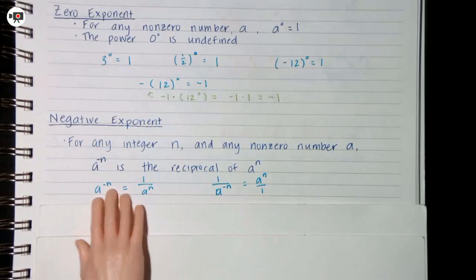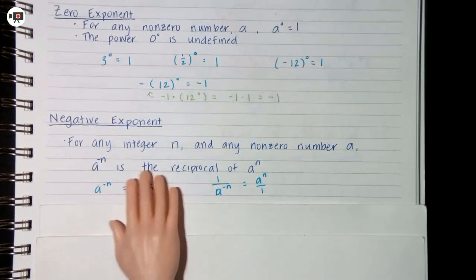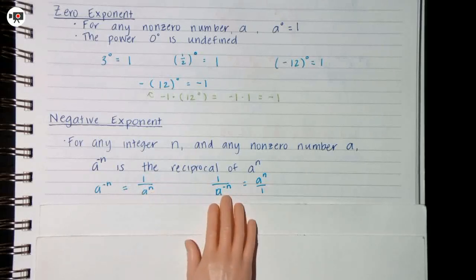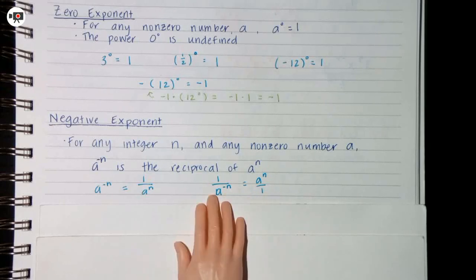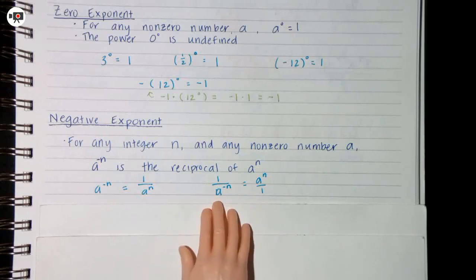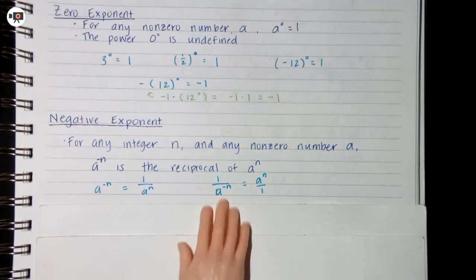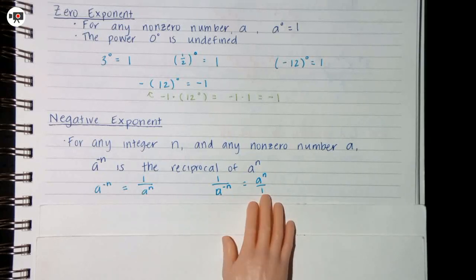So if I had negative n here, this is the same as 1 over a to the n. If the negative is in the bottom, I flip it so it's in the top. That's all you do. The negative just means it moves that term, that number, bottom or top, to the opposite place of where it started, where the negative is. And then it becomes positive once it's flipped.